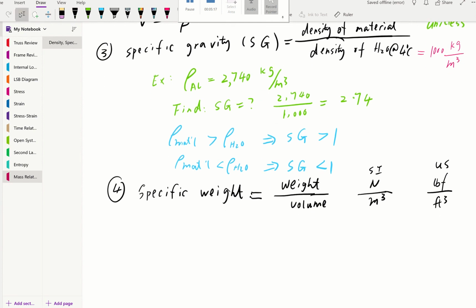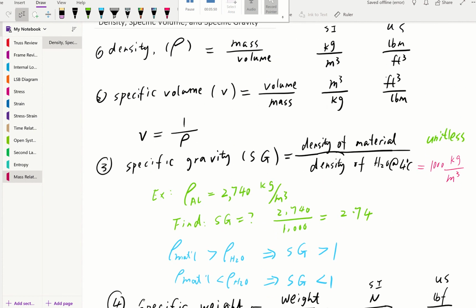However, specific weight has another expression, and here we're about to derive it. Weight is mass times the gravitational acceleration, 9.81 meters per second squared, that's our g. And mass, m, is mass over volume, big V. Now let's think about what mass over volume is.